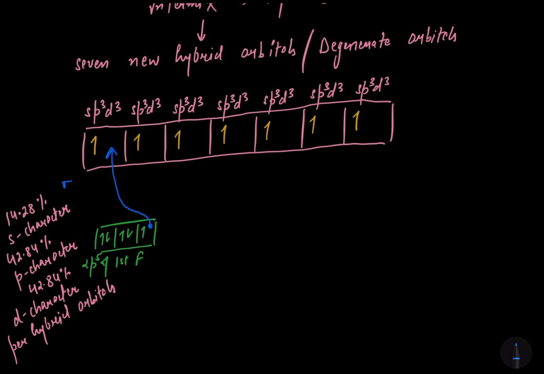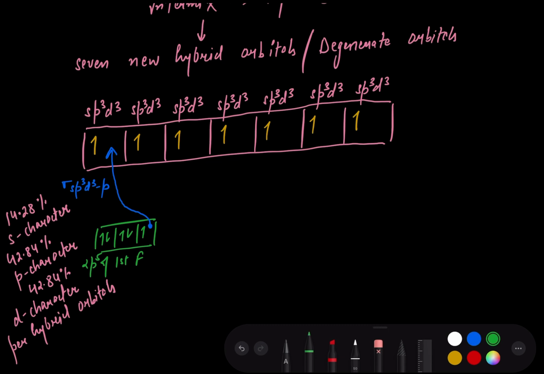So this sigma bond will be sigma sp3d3-p, because it has been formed by head-on overlap of the sp3d3 hybrid orbital of iodine with the p orbital of fluorine.